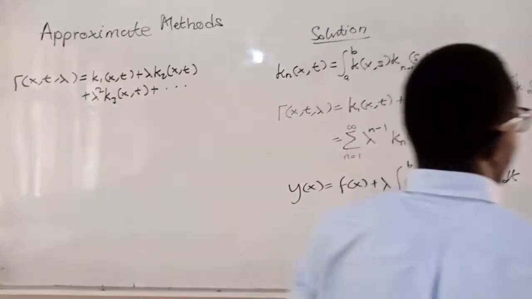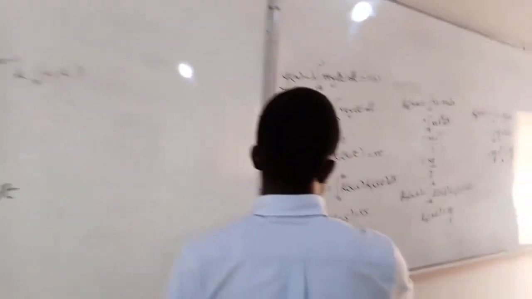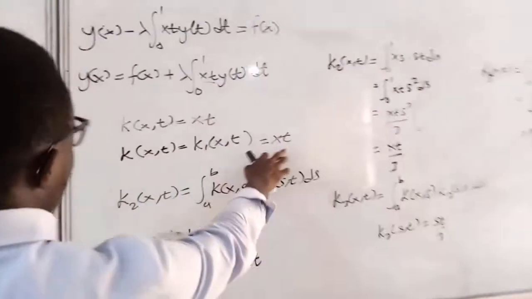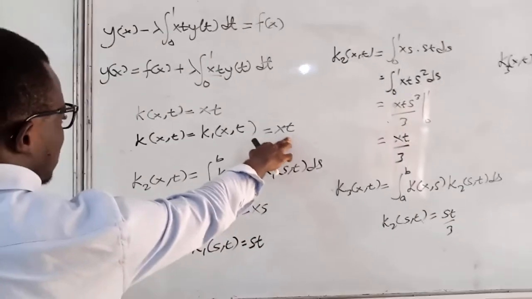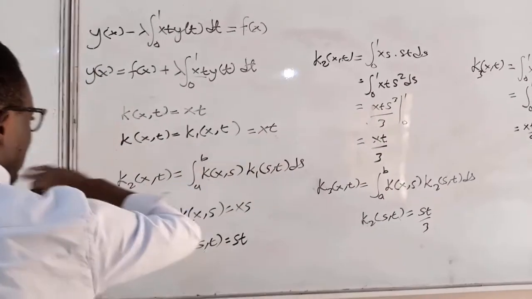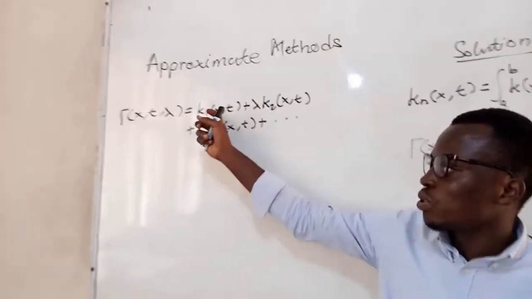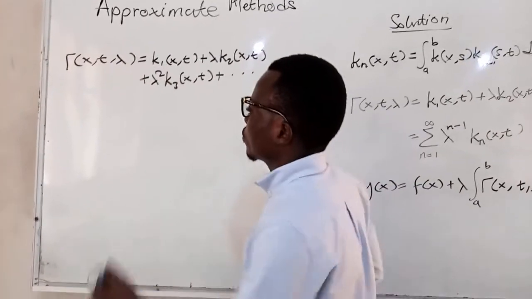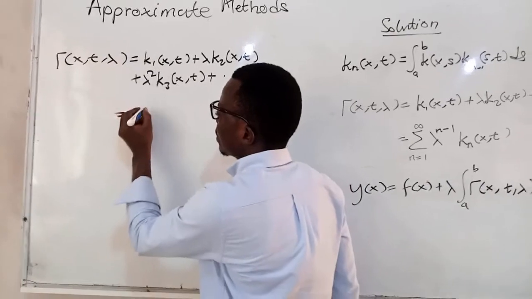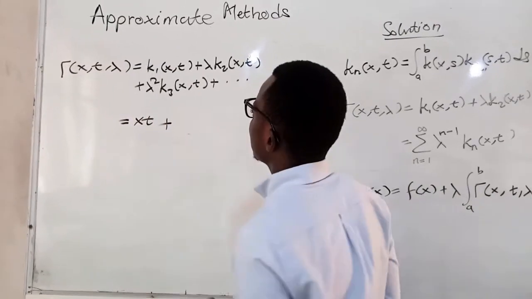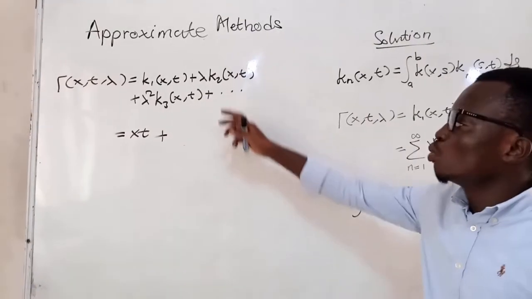We had our K1 of st, which is the same as the original kernel, to be st. So let's substitute this st into that equation, putting the st at K1.